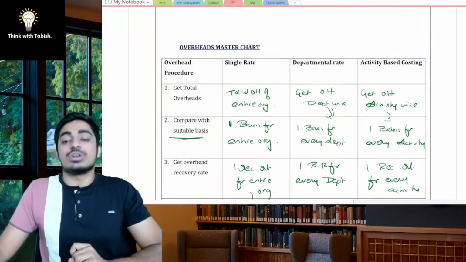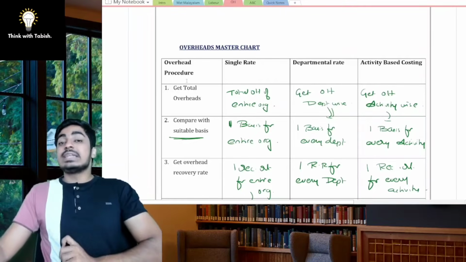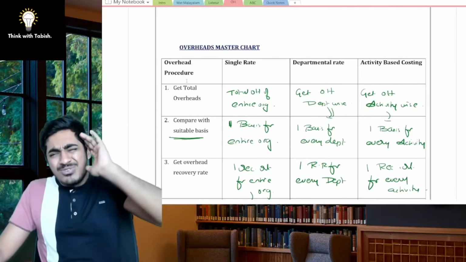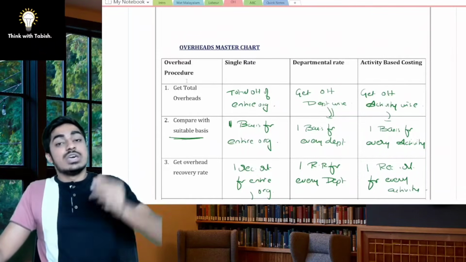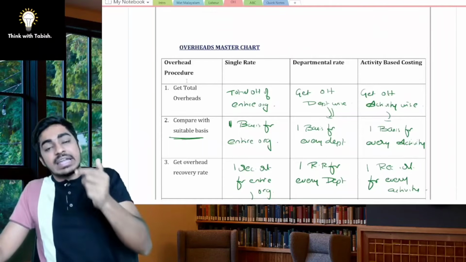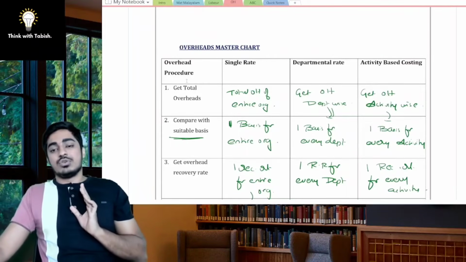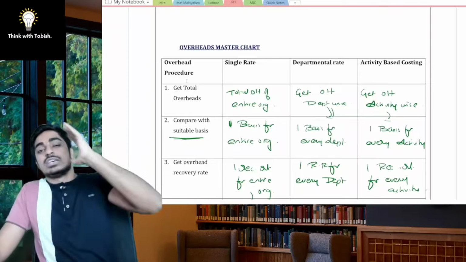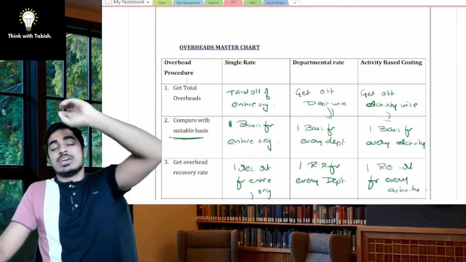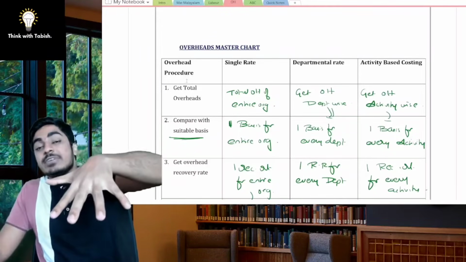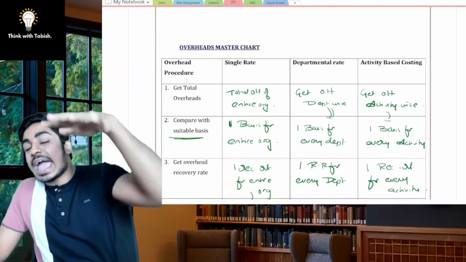In activity based costing, what are we going to do? We want a very detailed explanation of overheads. We want to know the activity wise overhead breakup. So we go even more detailed. Suppose 10 crore, we split it between departments. We have 5 departments. Now we go between activities.